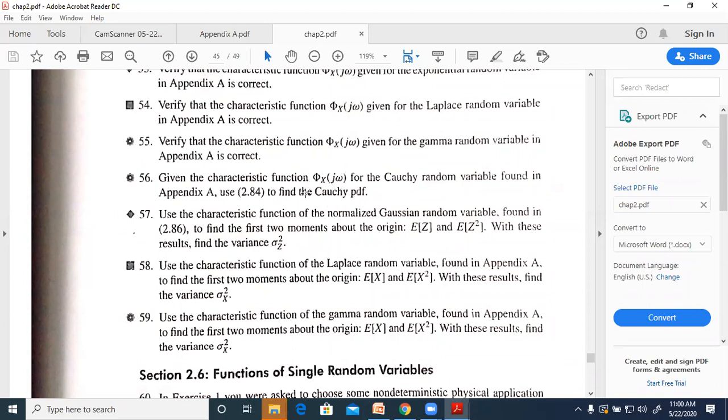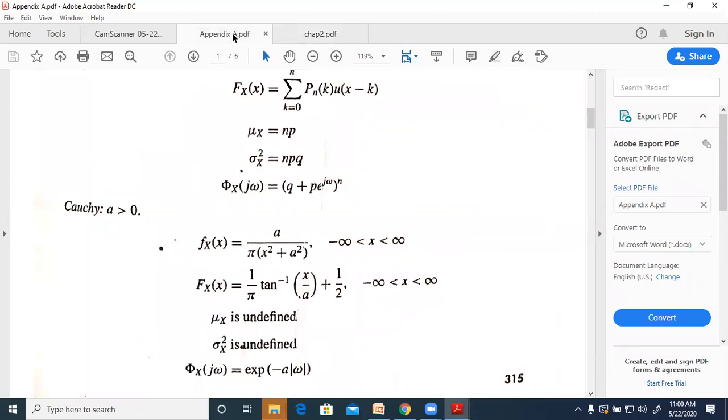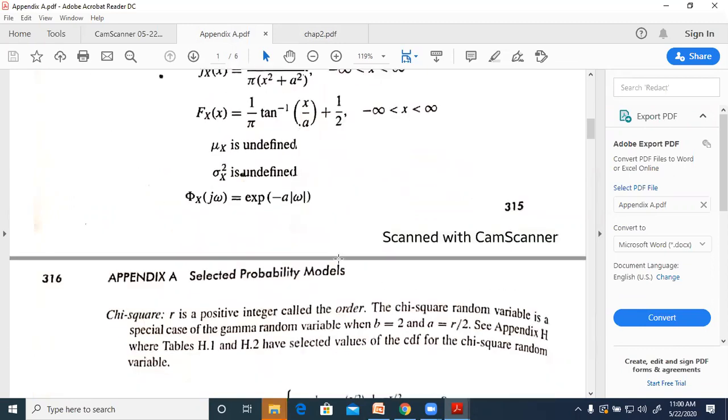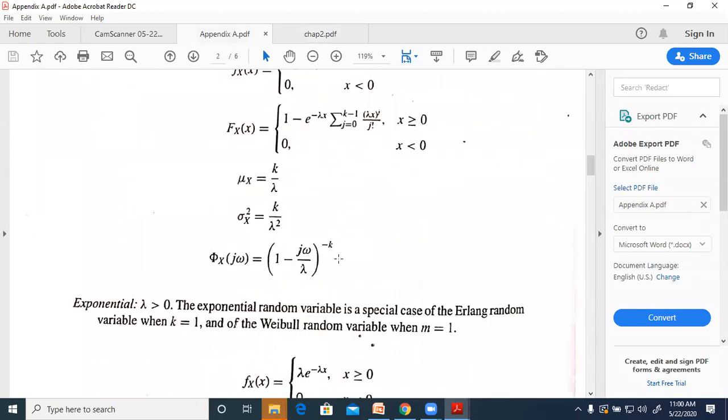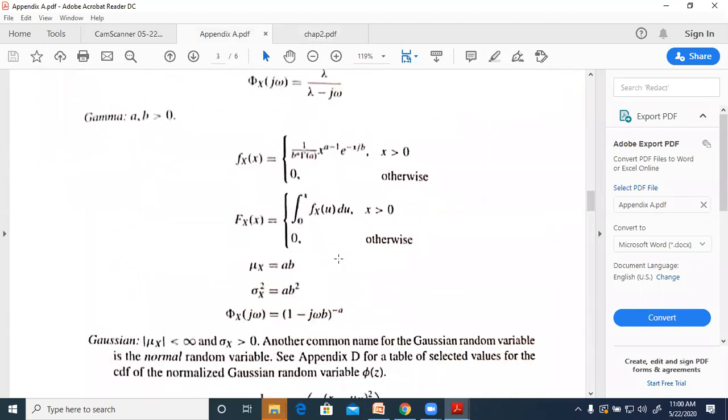Okay, let us go back to the Cauchy's PDF. Where is that? Cauchy's PDF is this. Where is this? Gaussian. Gamma, Gaussian.